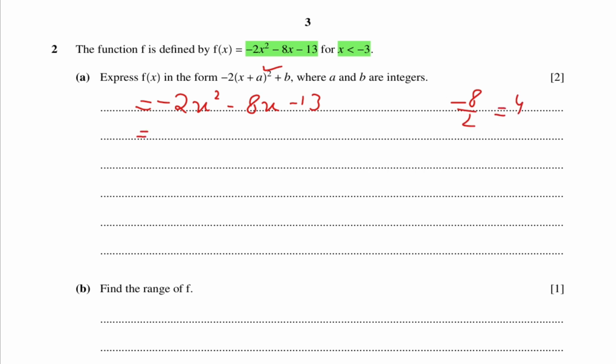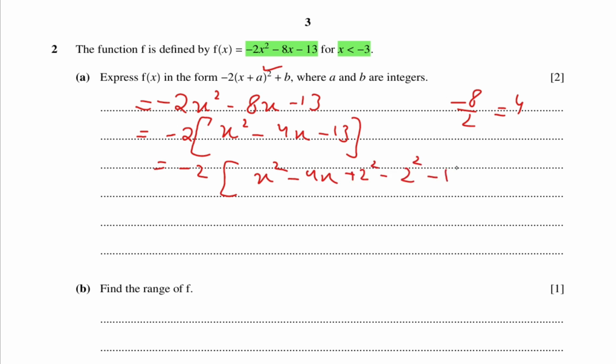But first we have to take common −2, so it becomes x² + 4x + 13. Now we apply that rule: x² + 4x + 2² − 2² + 13.